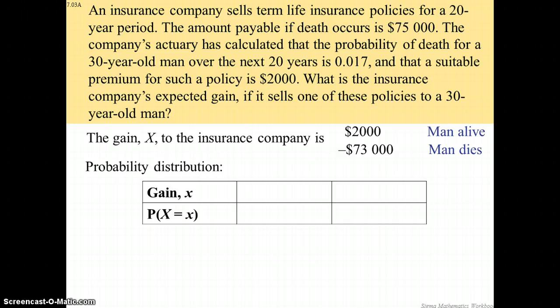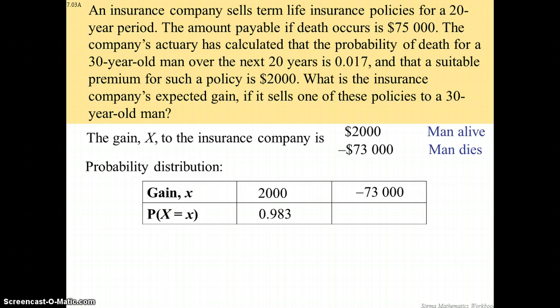This variable X is from the insurance company's point of view, so either the insurance company loses $73,000 or it gains $2,000. The only two possible outcomes in the 20-year bracket. Really important that you understand that that's from the insurance company's point of view. You can mess it all up if you don't understand whose point of view it's from.